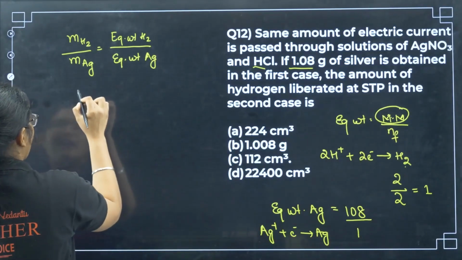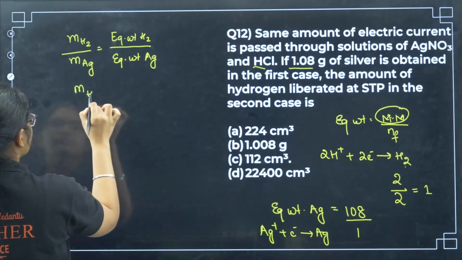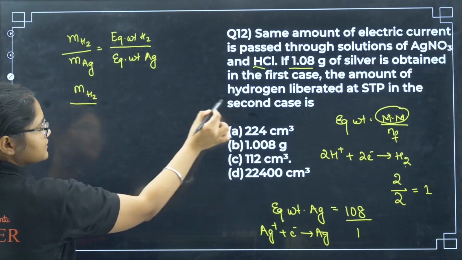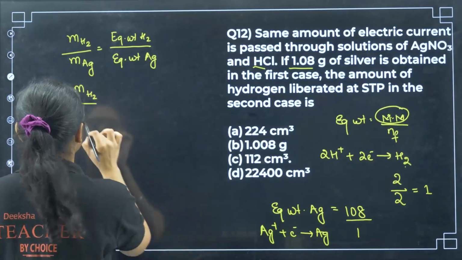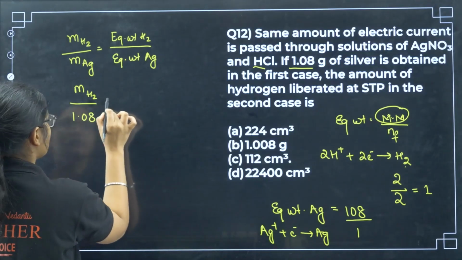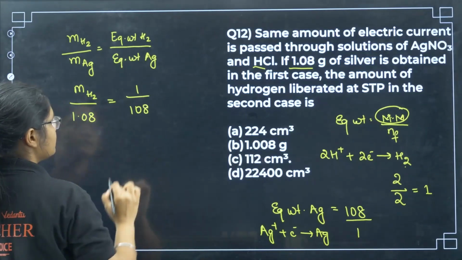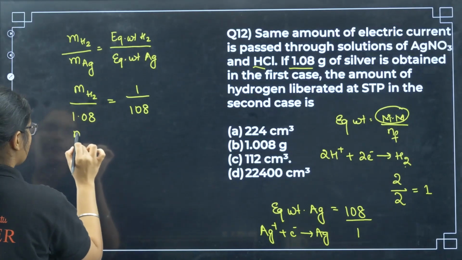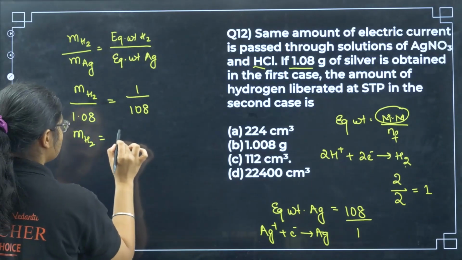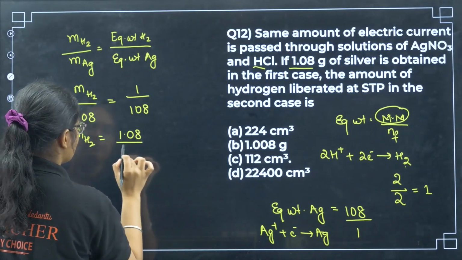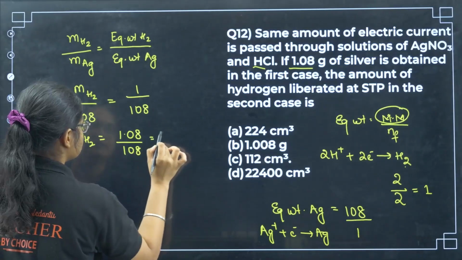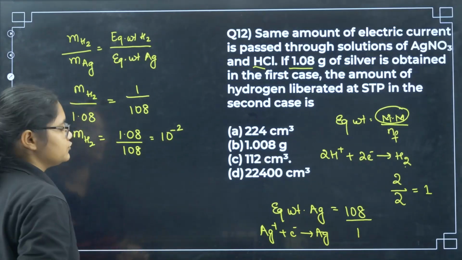So now I can have mass of H2 divided by mass of silver deposited, which is 1.08, is equal to equivalent weight of hydrogen, which is 1, divided by equivalent weight of silver, which is 108. Now from here, can I calculate mass of hydrogen? So that will be equal to 1.08 by 108, which is equal to 10 to the power of minus 2.